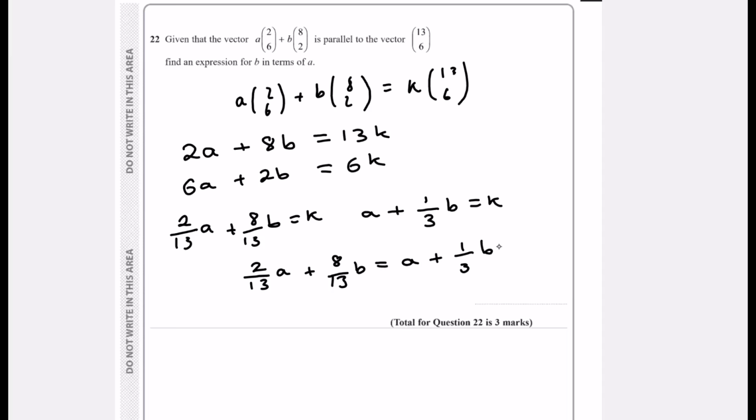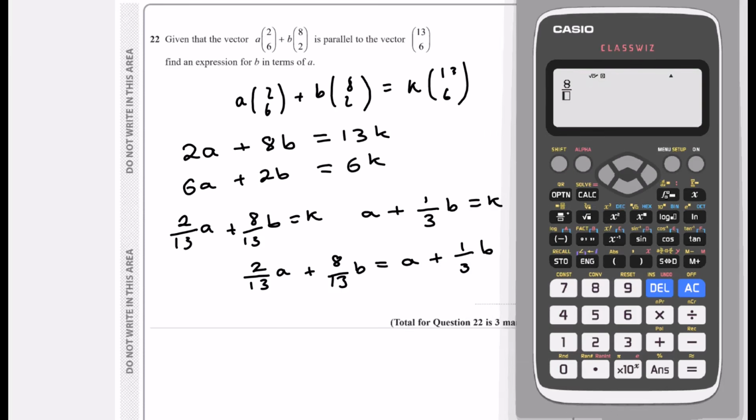So all we need to do now is find an expression for b in terms of a. We need to make it b equals. It doesn't really matter which way around we do it. Let's take the 1/3 b away from 8/13. So 8/13 minus 1/3 is 11/39.